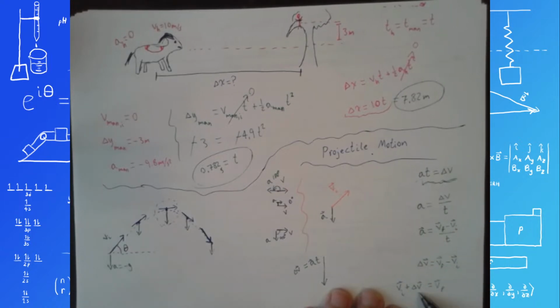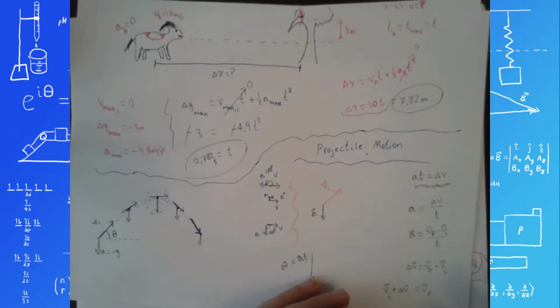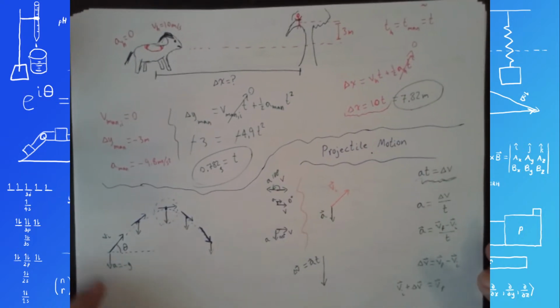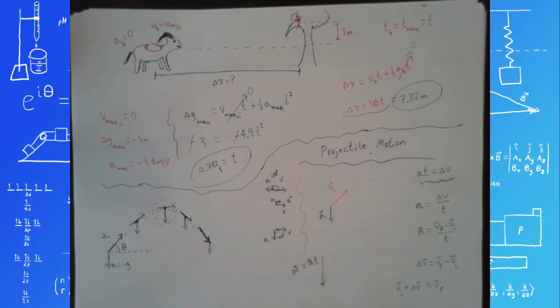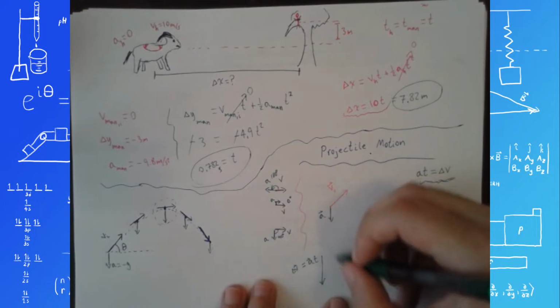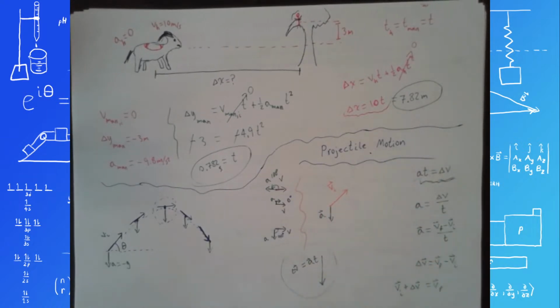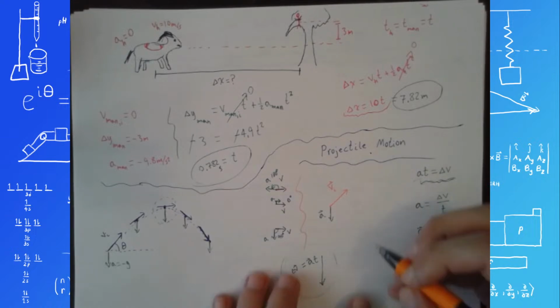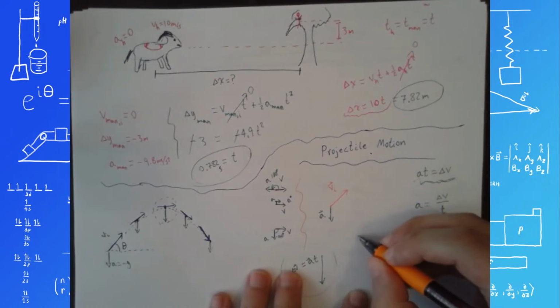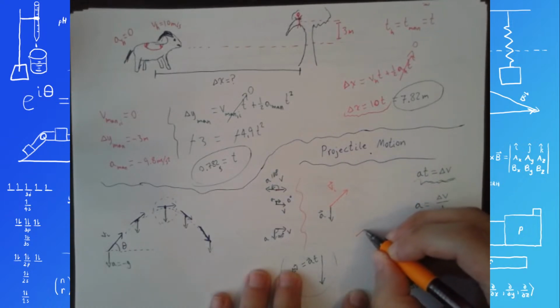Well, this is a vector, and this change in velocity is also a vector, and I can just do tail to tip addition here. So let's draw another copy of v initial over here.